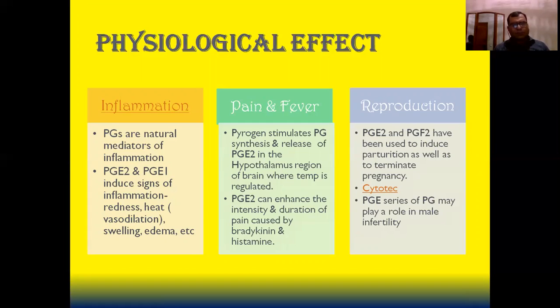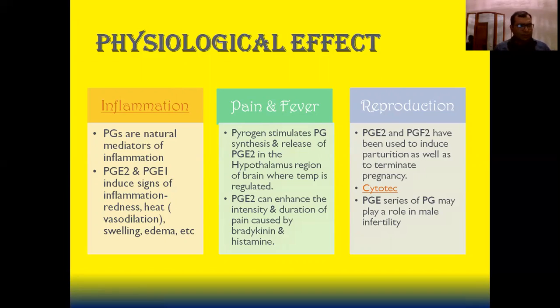Pain and fever: pyrogens stimulate prostaglandins, especially prostaglandin E2, which causes pain and fever, and their effect is obvious in the hypothalamus region of the brain, which attempts to regulate it. Another effect of prostaglandin is on reproduction. Prostaglandin E2 and prostaglandin F2 have been used to induce parturition as well as to terminate pregnancy.